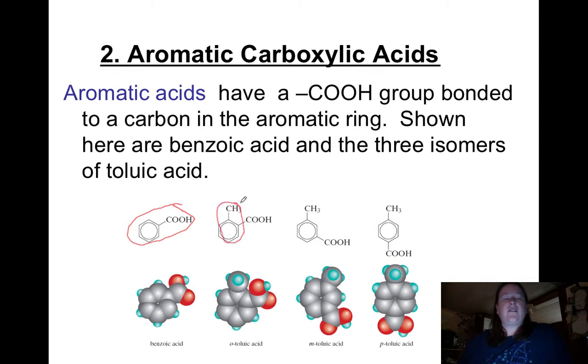So the benzene with the methyl group we refer to as toluene, and they're calling this orthotoluic acid. So this carboxylic acid group makes this the number 1 carbon, and this would be the number 2 carbon then.